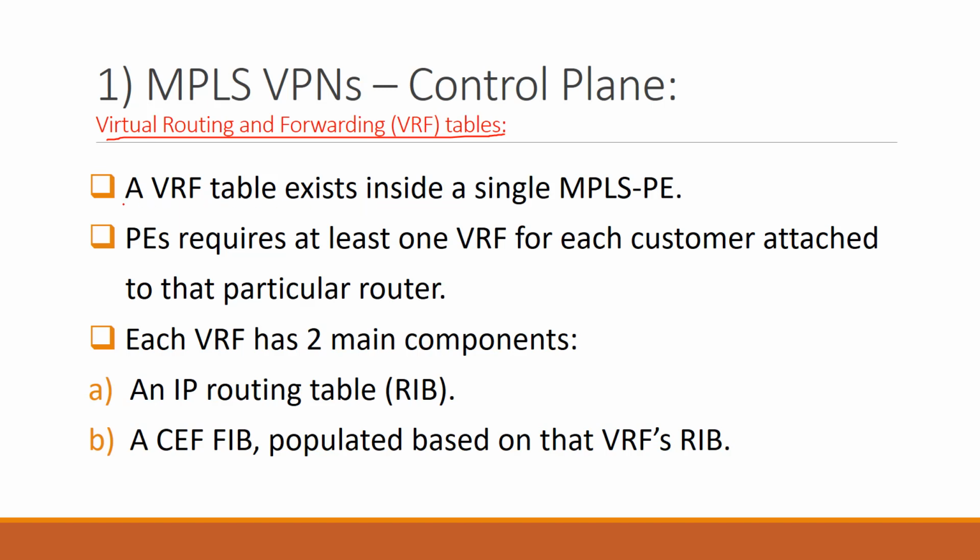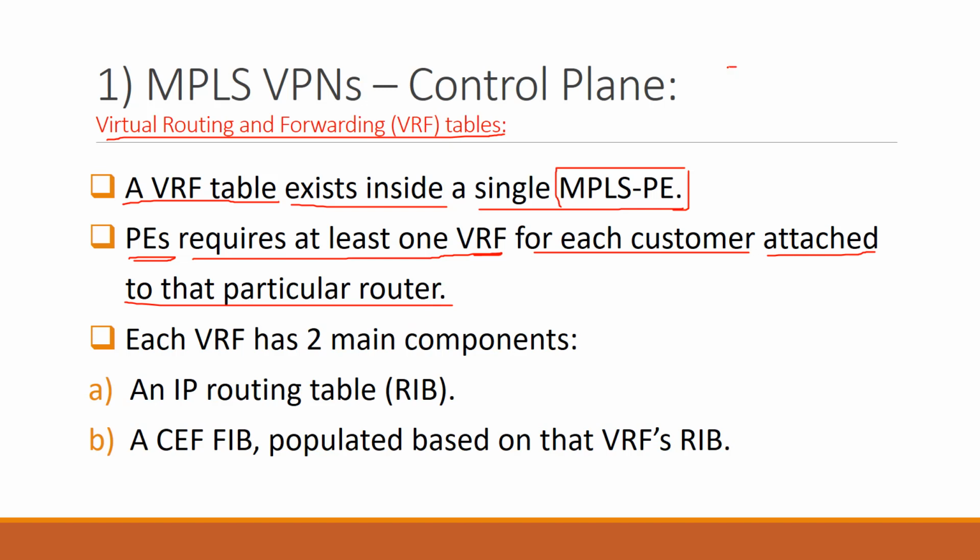As we defined VRF table earlier, a VRF table exists inside a single MPLS provider edge. There are no VRF tables inside the provider, like P1 in the previous slide. So provider edges require at least one VRF for each customer attached to that particular router.